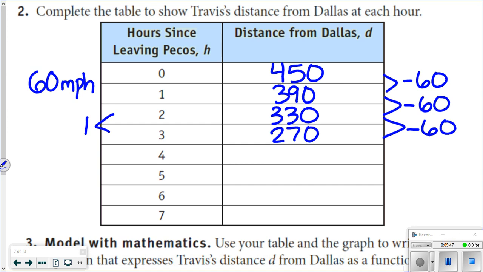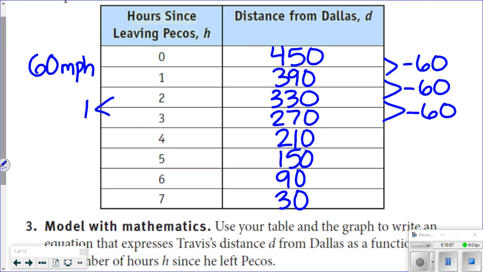Subtract 60 again, keep going, you can do it. 150, 90, and 30. Our table doesn't end at 0, remember, because it takes 7.5 hours. So at 7 hours, he still has 30 miles left to travel.